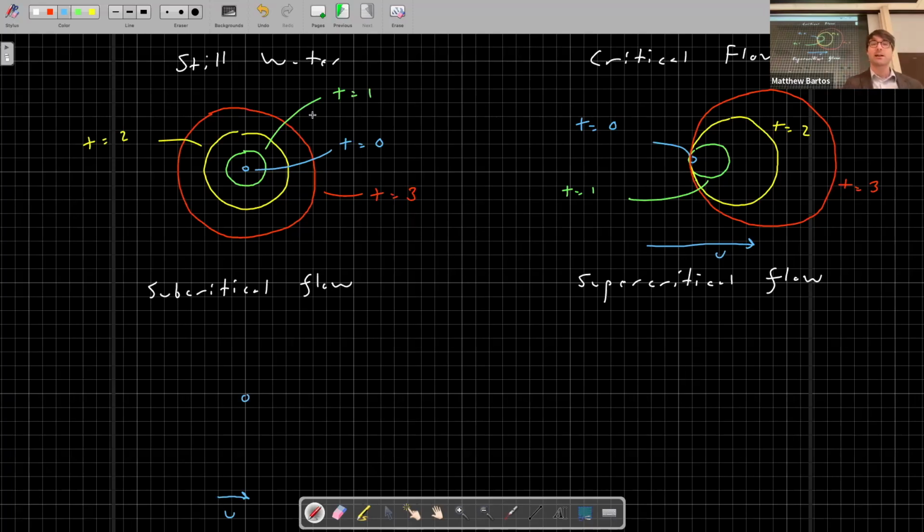So we'll end up with something that kind of looks like the still water case, except biased towards the right. So we'll end up with something that looks kind of like this. It'll still move upstream, although it will be biased in one direction.